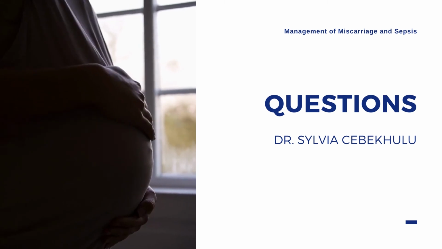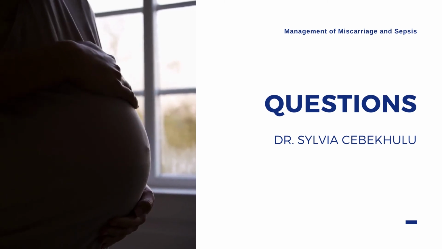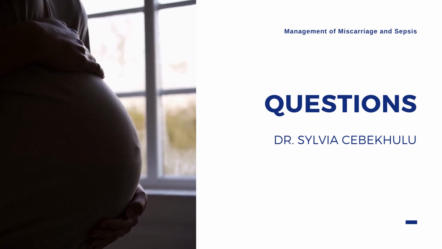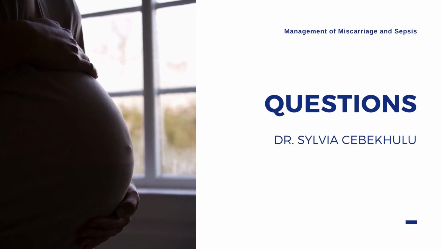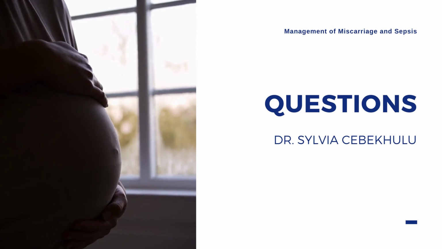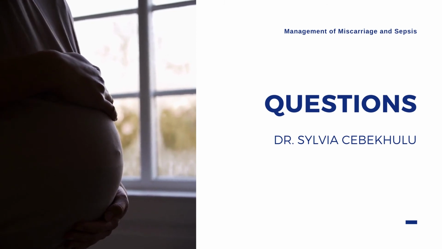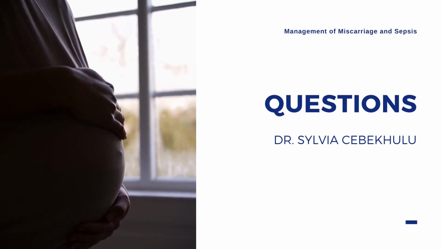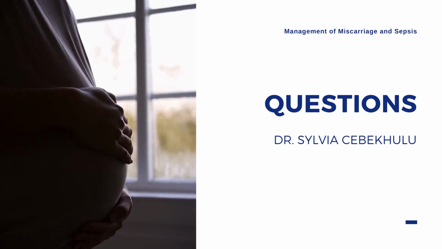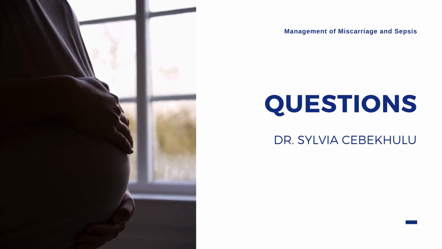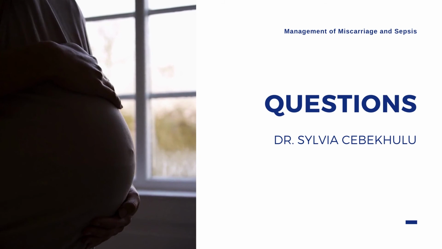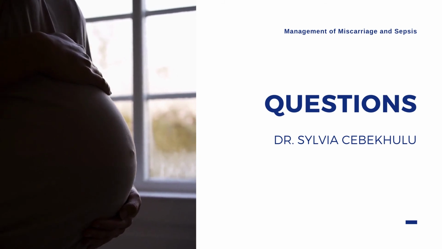Because DIC is caused by sepsis, and the anesthetist is saying wait for the DIC to resolve, or sometimes when there's also renal impairment or acute renal failure, they're saying wait for the patient to get better and then send them to theater. And the question from Ops and Gynae is always, this is all caused by the fact that the patient has sepsis. So what is your approach, Dr. Cebekulu, in such a patient?